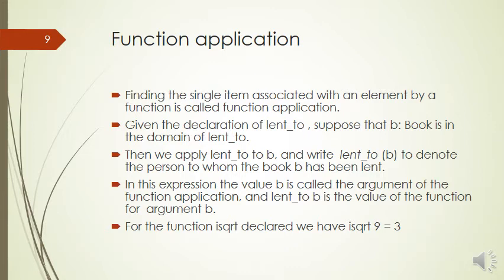And if we pass a single input value from domain, which is book, to function length2, it denotes the person to whom the book B has been lent. So in this expression, the value B is called the argument of the function application, and length2 B is the value of the function for argument B.